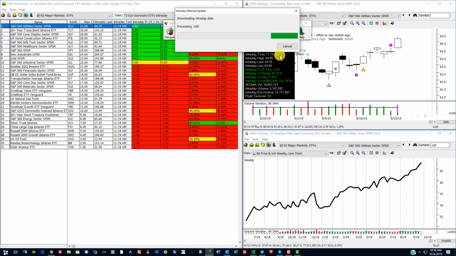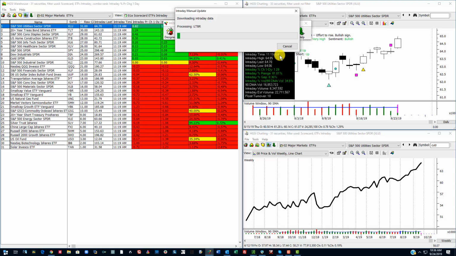So the time before was 11:19 Eastern Time. When this finishes, we'll see what the time says and what the candle looks like. It takes about a minute to download this on my computer. I'm just going to let it run.